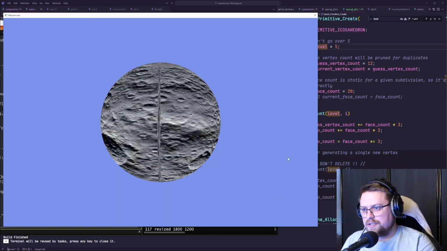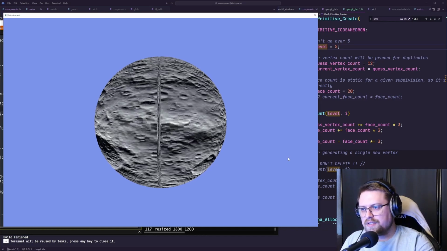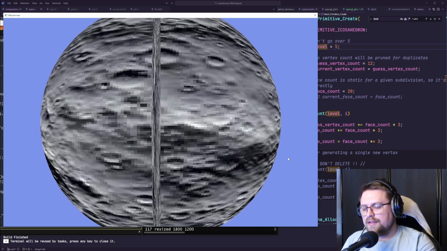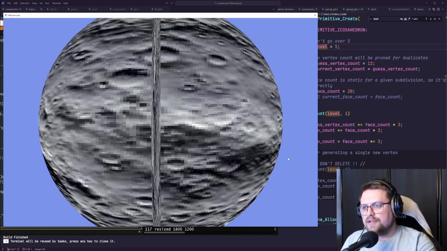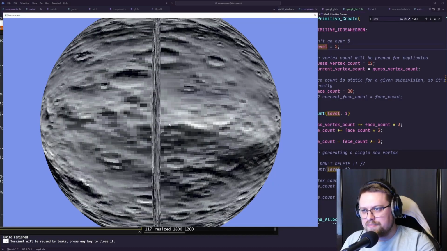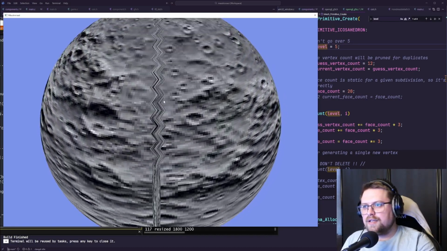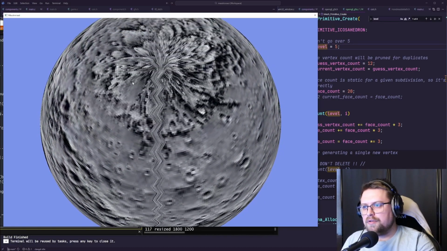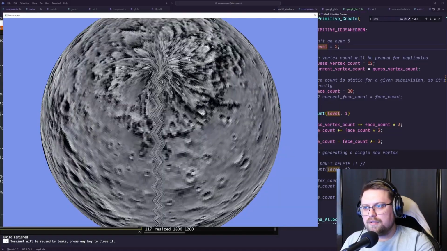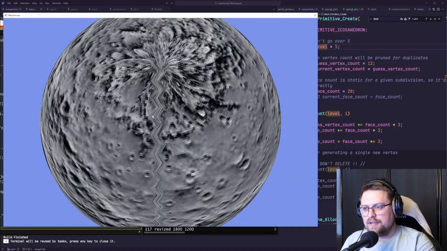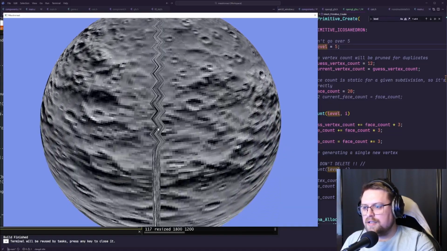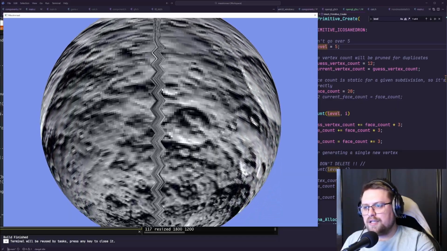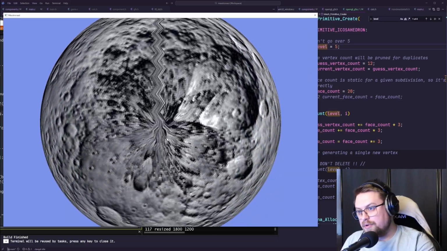Now there is still one issue, and if we go a little bit closer here, maybe we can see it better. There's this line where the UVs are kind of messed up, and we can see it goes right from the North Pole. So it's pretty good all around, right until here. Then you get this zigzag pattern all the way down, then straight, zigzag again to the South Pole.